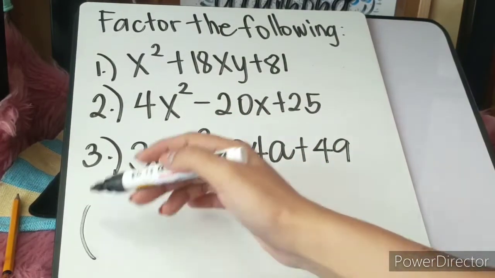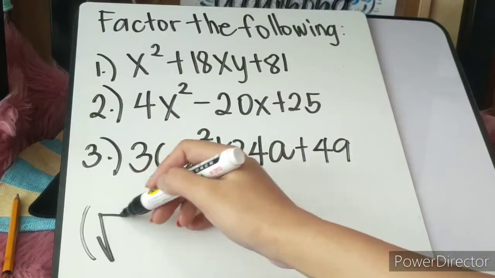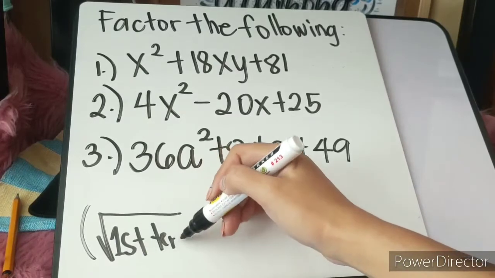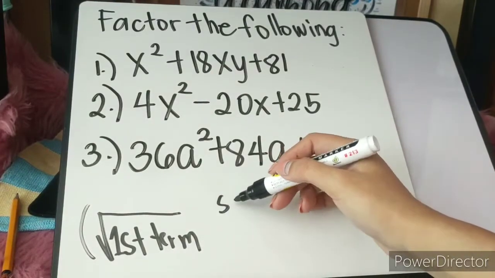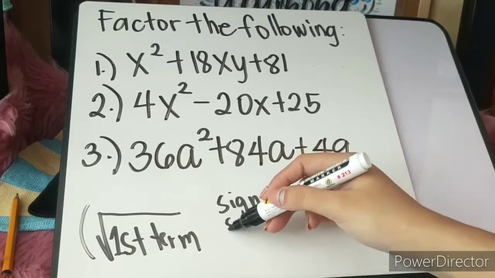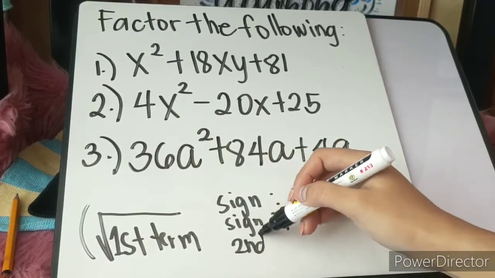So, ang tinuturo ko po kapag magpapa-factor ako ng perfect square trinomial, sabi ko sa kanila, in a parenthesis, isulat nila yung square root ng first term. Tapos, ilagay nila sa middle sign, ang sign sa gitna po ay ang sign ng second term.